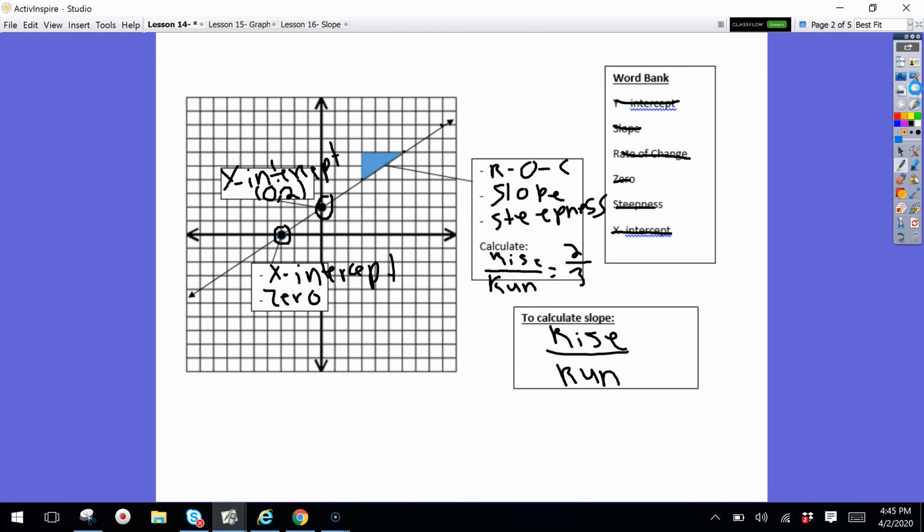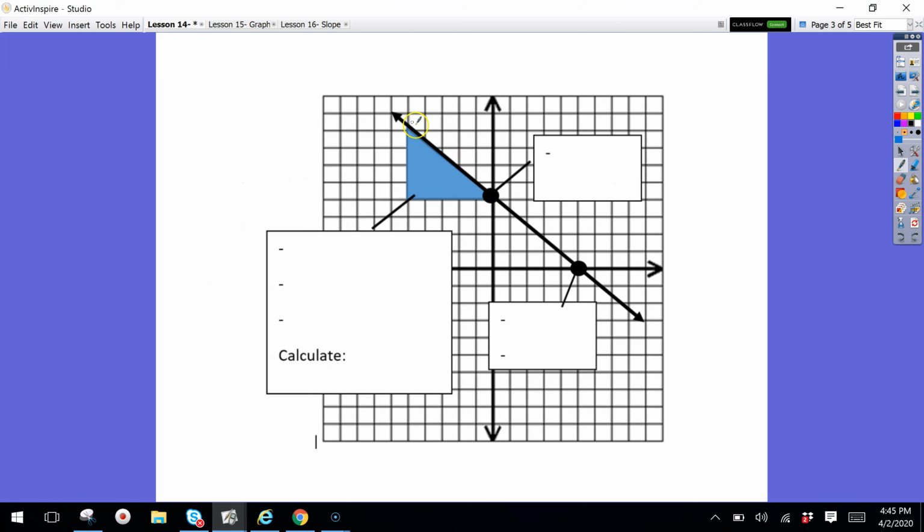Now let's try it again with another graph. This graph is going down, so it has a negative rate of change. We want to make sure we keep that negative when we're calculating the slope. Remember, I can call this the rate of change of the graph, the slope, or the steepness.